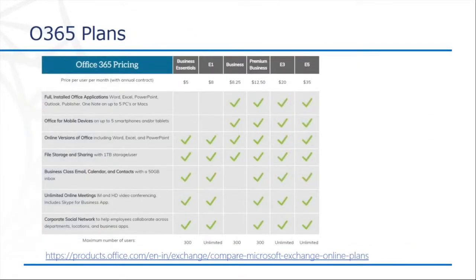So moving on to the plans. Mostly the larger customers will move on to the E3 and E5 versions. With E3, it's per user per month around $20, and the E5 edition is around $35. Let us see in the link. Let me click on this link and I will go through the editions, what kind of plans we have with O365.